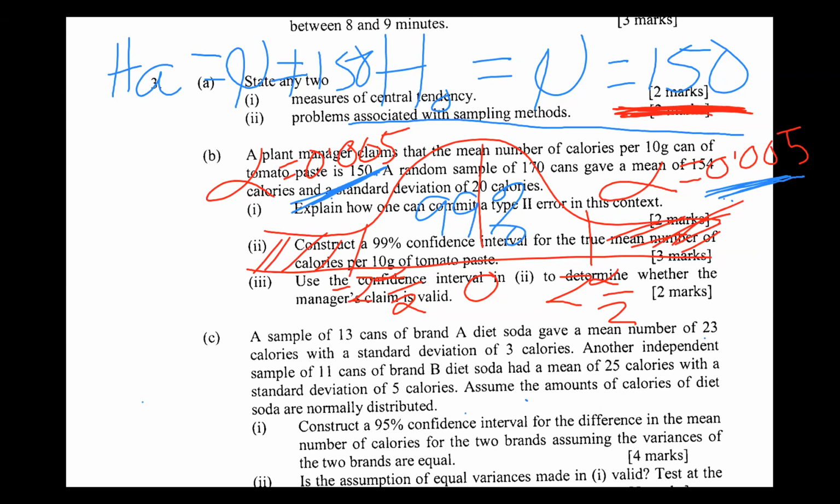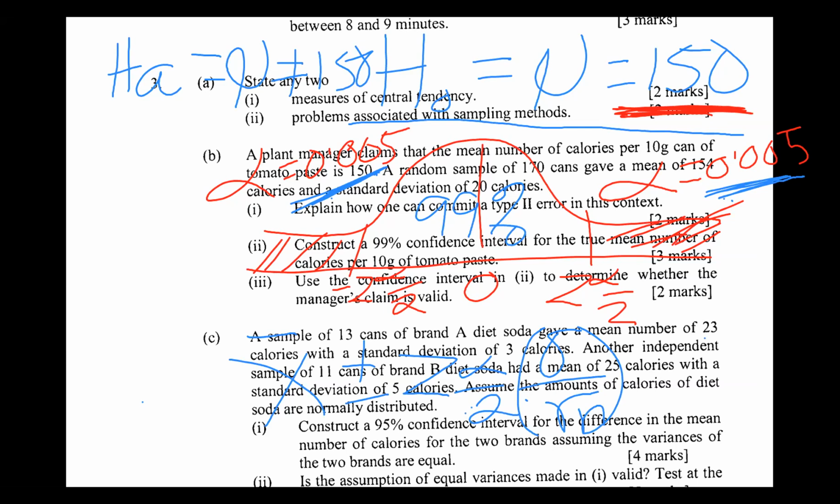When we want to create our confidence interval, it will be x bar, the mean, plus or minus the critical value, which we're going to find from the table, Z of alpha over 2, which is 0.005, times the standard deviation over the square root of the sample size. You multiply these, and it helps us find the interval.